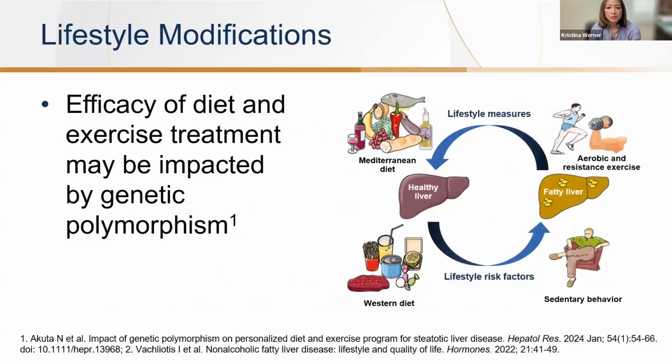So lifestyle modifications, again. The efficacy of diet and exercise treatment may be impacted by genetic polymorphism, as mentioned earlier. But here are the main components of lifestyle management. We watch for weight loss, we target and have strategies. Dietary changes: we include what types of diet, what to reduce, what to include.